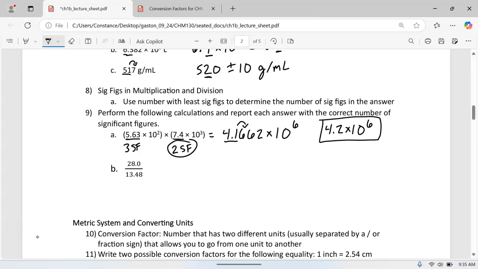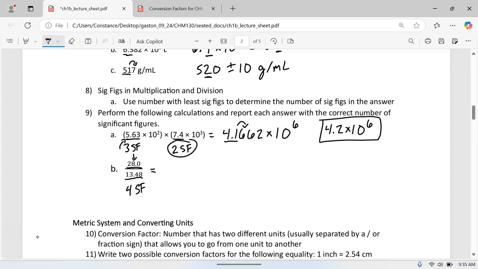Okay, and then in the second one, again, that top number, all 3 of those count because there is a decimal and that 0 is to the right of the non-zero digits. So that is also 3 sig figs. And then below it, we've got 13.48. That's going to be 4 sig figs because they're all non-zero digits.